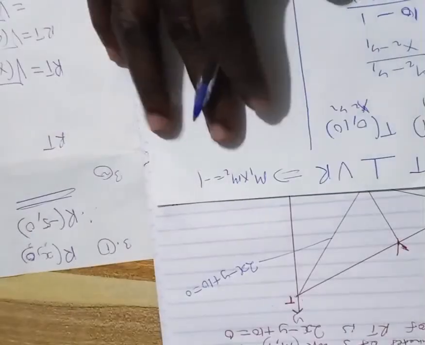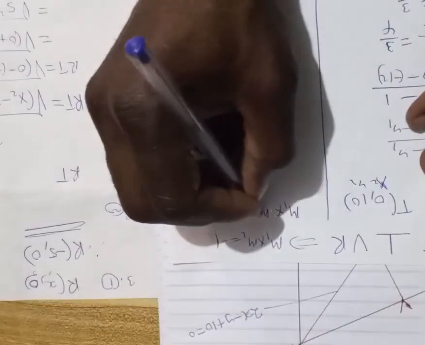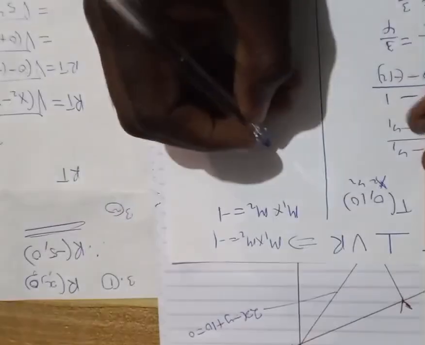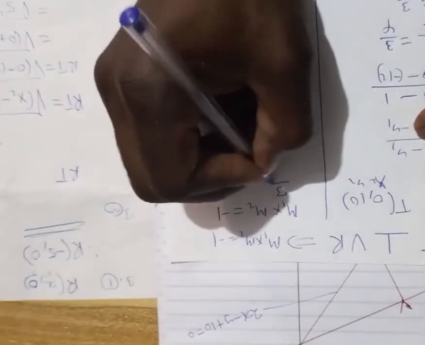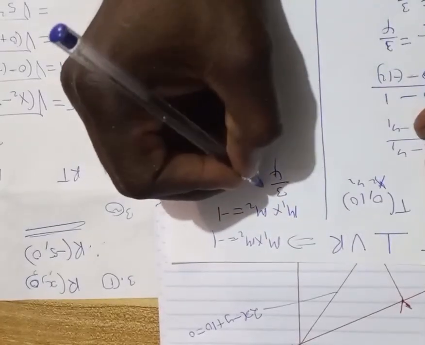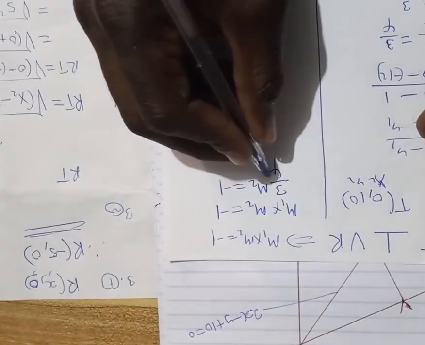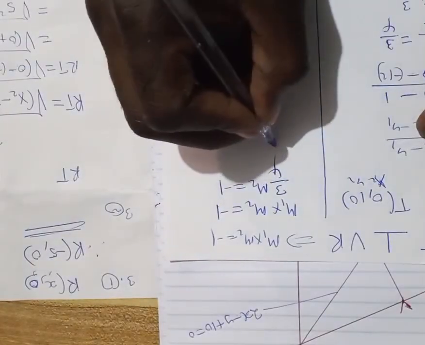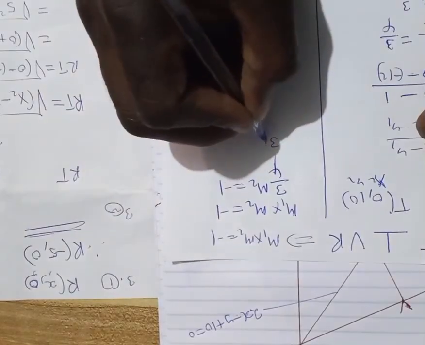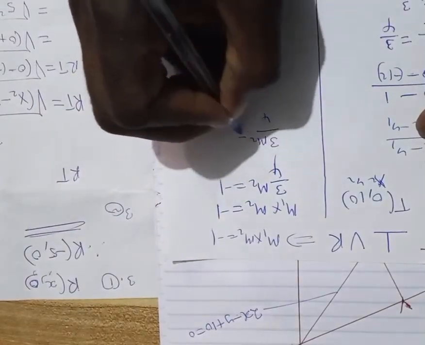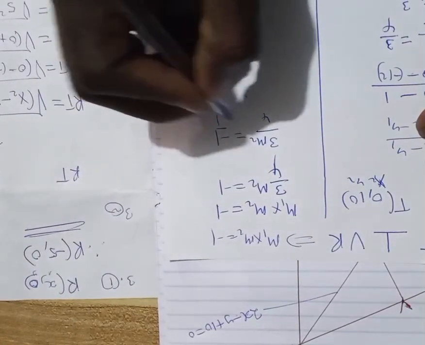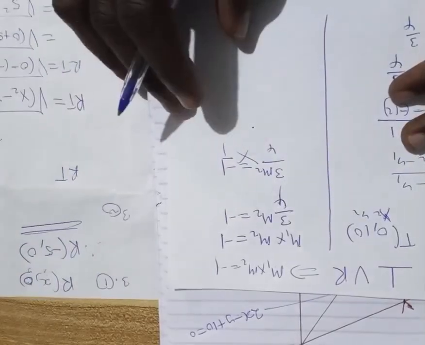Now, since we are looking for VR, we use this formula for m1. So m1 times m2 is equal to negative 1. Our m1 is 3 over 4, and m1 times m2 equal to negative 1. You have 3m2 over 4 equal to negative 1. You put over 1 here, you cross multiply. That's what you do always.